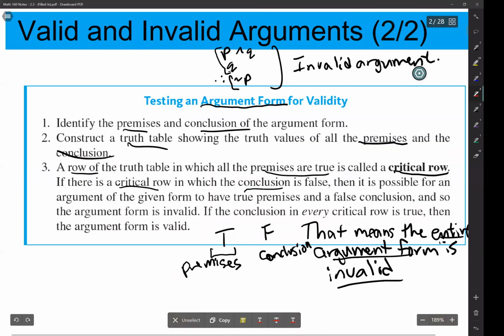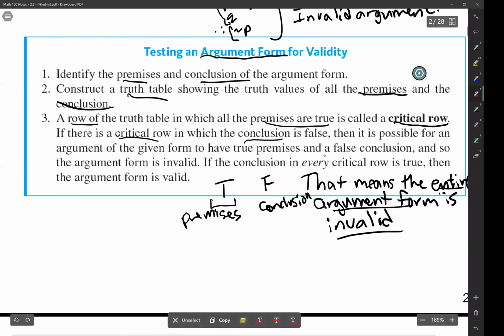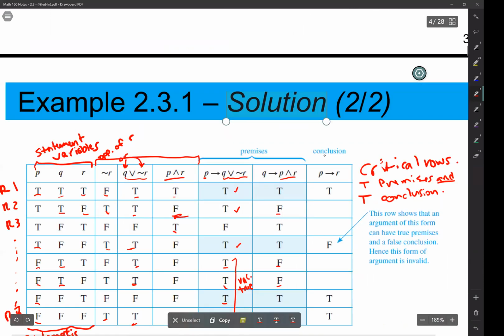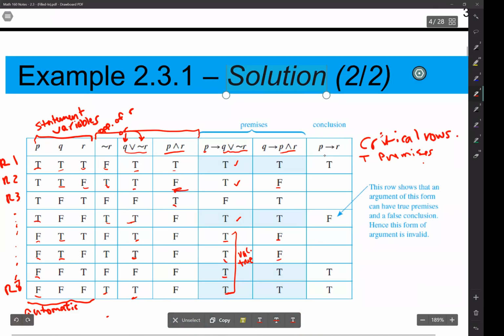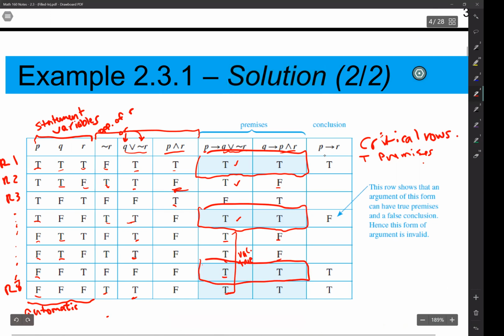So where the premises are true, I don't care about the conclusion. I need to check the conclusion. So just look for the true premises, okay? So I'm going to circle the rows where I have both premises being true. So that's true, and then these both are true. So rows 1, 4, 7, and 8.